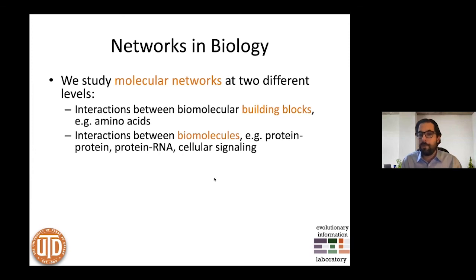So finding physical interactions or functional interactions is important, and we care about revealing this type of network. Then we can also go to a higher hierarchy, where we care about how these biomolecules interact. Not their building blocks, but how the whole molecule, like a protein, interacts with another protein.